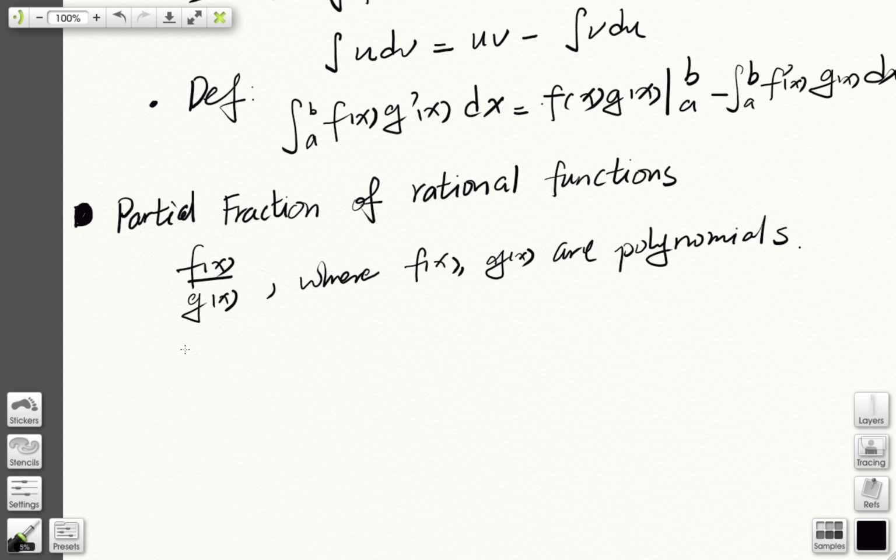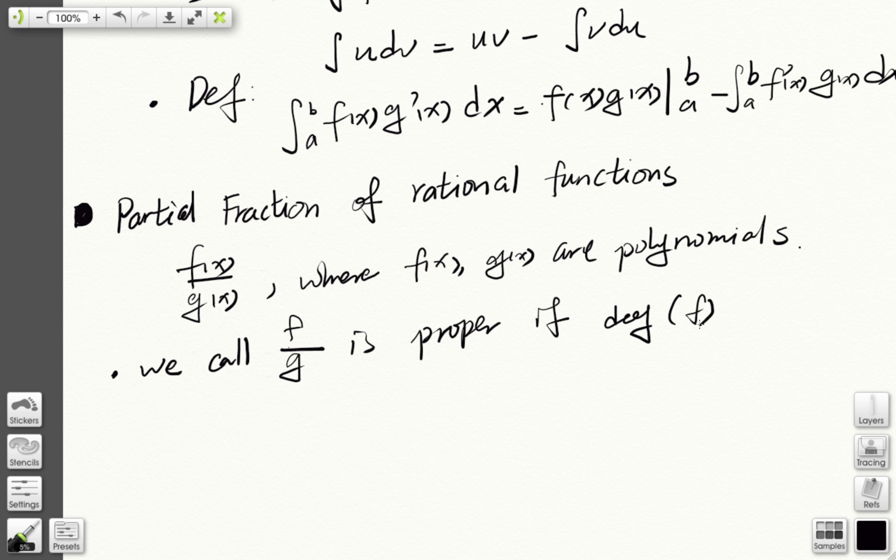And we call f over g proper if the degree of f is smaller than the degree of g.